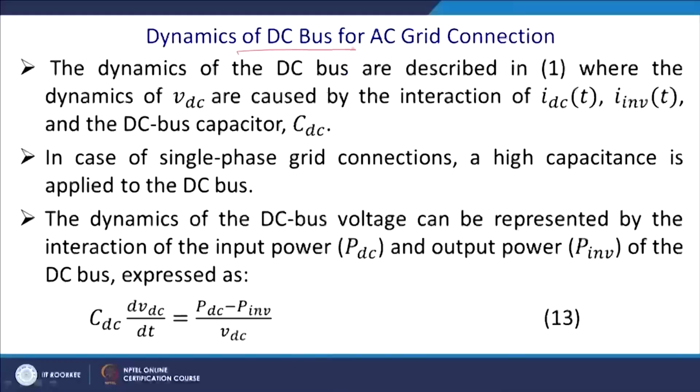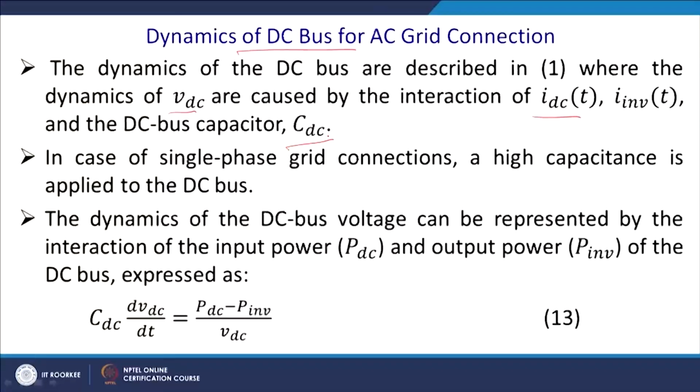And thus, the dynamics of this DC bus is described, please refer to equation 1, where the dynamics of V_DC is caused by the interaction between I_DC, that is the current generated from this PV source, and the inverter, the current sink into this grid side converter, and the DC bus capacitor C_DC.